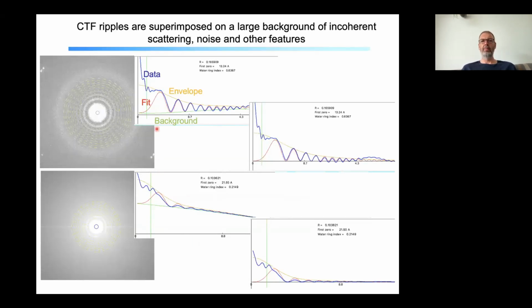There are multiple software packages that you can use to do this. I did this with BSoft. This is primarily to show you, one of the other things you have to remember is that sometimes it can be a bit tricky to see your Thon rings over the background in the image, through incoherent scattering, noise, and various other things.